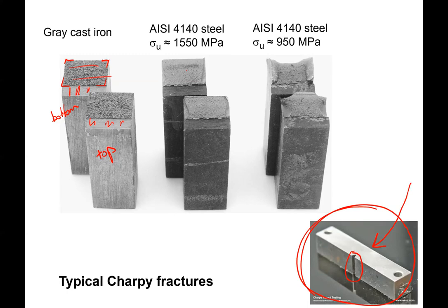Now as you start moving into these steels with different ultimate strengths, remember, in this case, as the strength goes down from 1550 to 950, we're getting an increase in the ductility, the percent elongation. And you can see that in the samples, right? For the 1550 case, this is fairly flat.